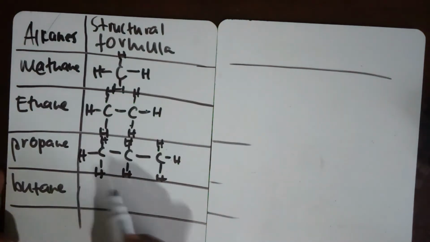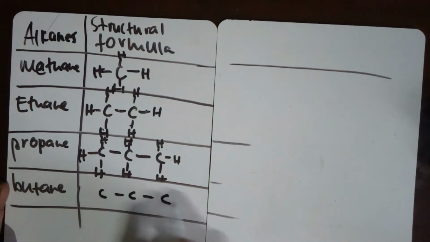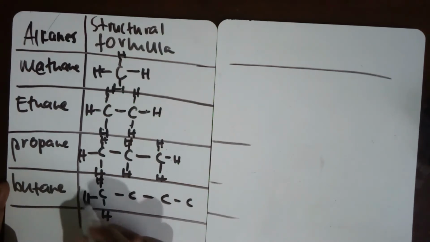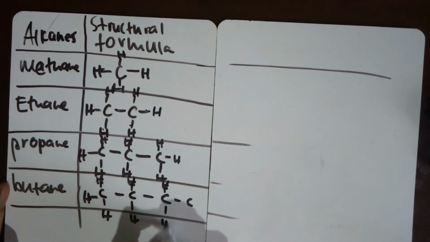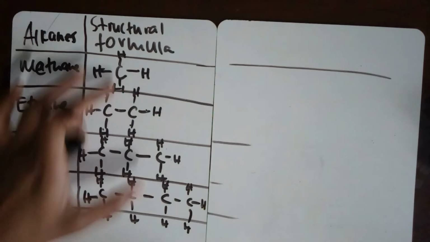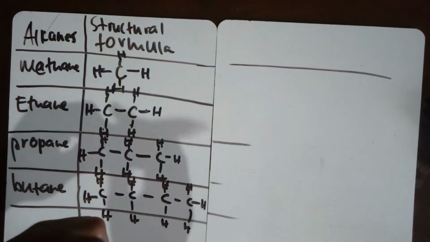So that's the structural formula. Let's do the last one, butane, with its hydrogens. The same thing can continue for pentane, hexane, heptane, up until whatever number you like.